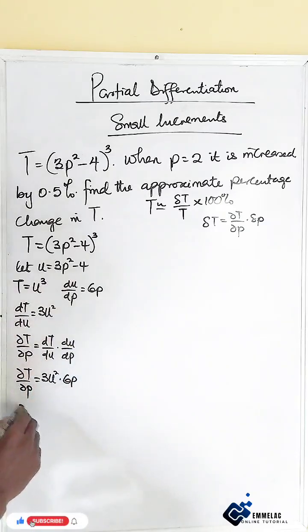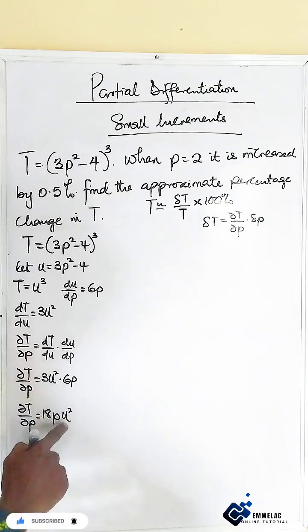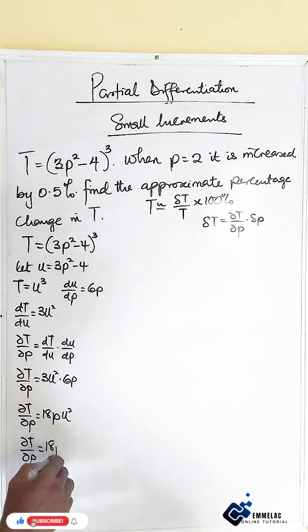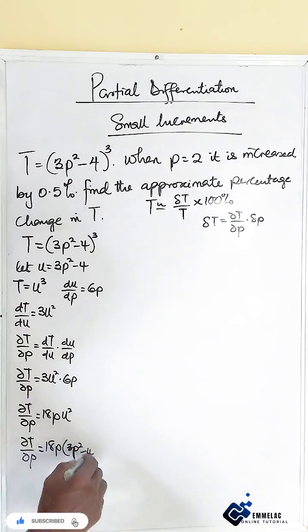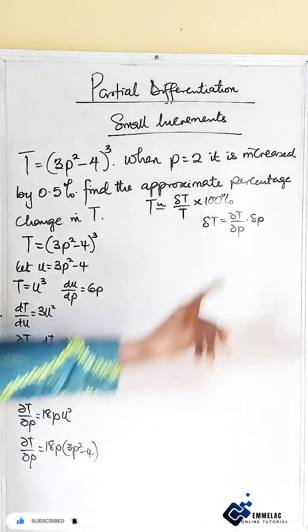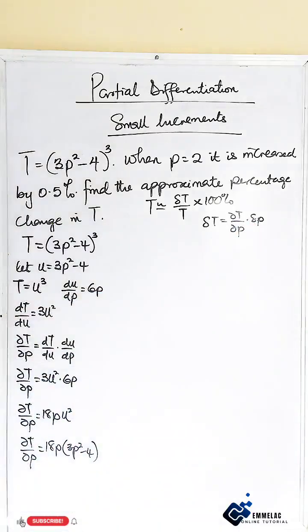So we end up having 18p u². Now our u here is 3p² − 4, so that will be 18p into (3p² − 4)². Now that we've gotten the derivative, we need to find the change in p.